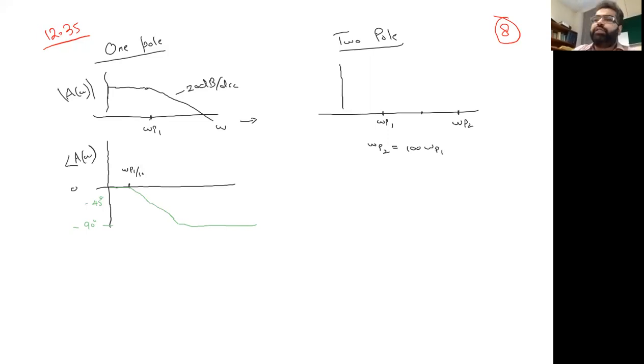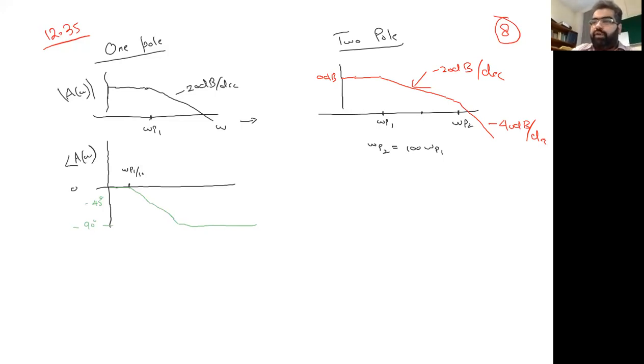In this case we are not much affected. We will start from here, go till this point, reach this point, and then the slope will be minus 20 dB per decade here, and minus 40 dB per decade here. Starting at whatever, 0 dB or whatever value you are given.